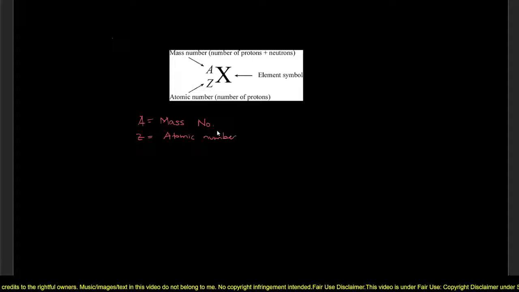Now in an atom we can find protons, neutrons, and electrons. And the number of protons that we will find in the nucleus of an atom is also referred to as the atomic number of the element.